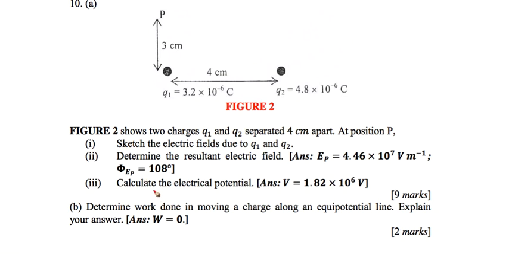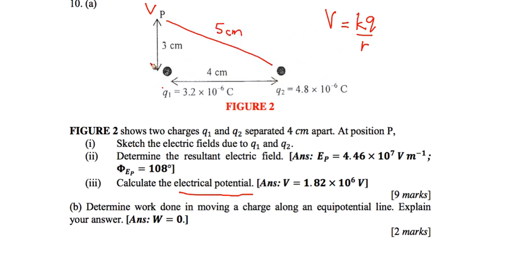And the next question is to calculate the electrical potential. As you know, the electrical potential V equation is kQ over R. But now at the point P, the potential at the point P must refer to Q1 and Q2. At a distance of 5 cm from Q2 and 3 cm from Q1, at P we have two potentials, meaning the total potential at P is from Q1 and Q2.